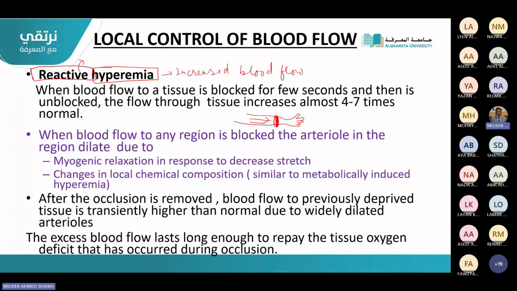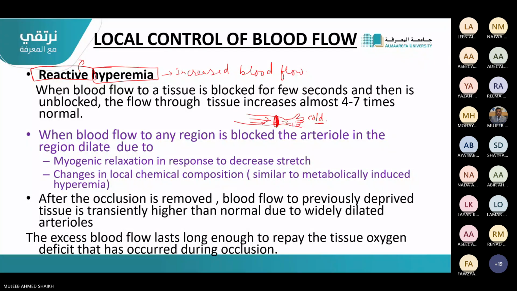Will the hand become hot or cold? You can try. Tie a rubber band around your wrist, make it very tight, and see whether your palm becomes cold or hot. It will become cold because the blood flow is stopped here.